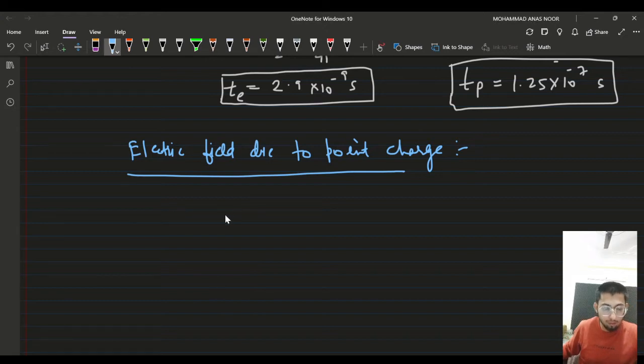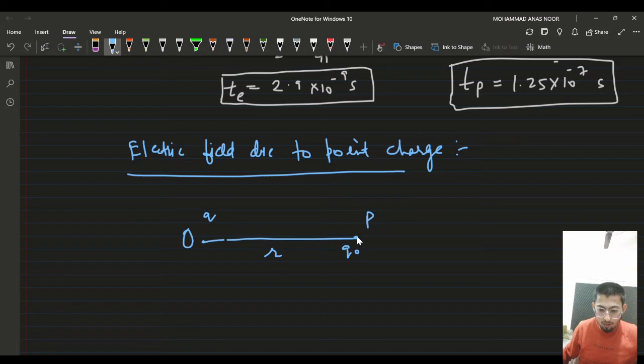So suppose there is a charge q, this is the origin, there is this charge q placed at this point, and at some point p away from it, we need to find the electric field. So first of all, what we need to find is this r, and let's say this is the test charge q naught, because we call that q already, that's why we call it q naught.